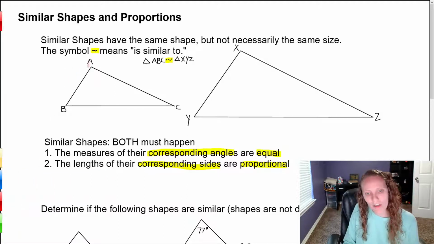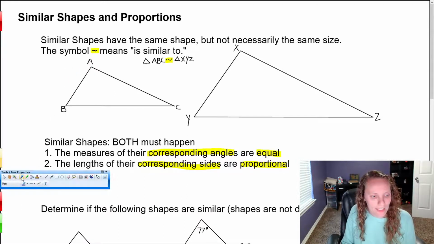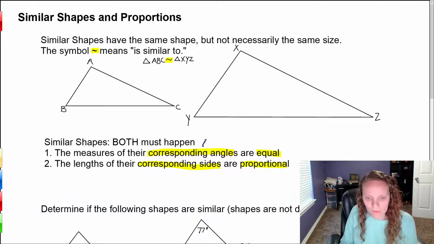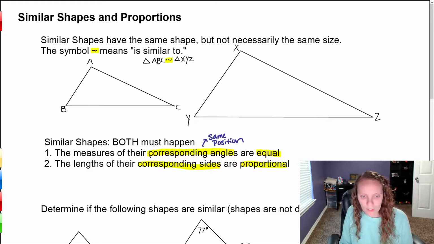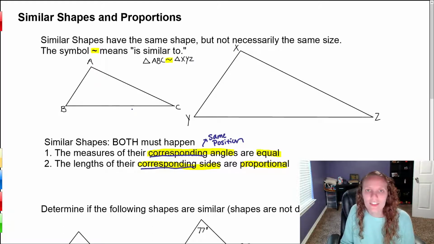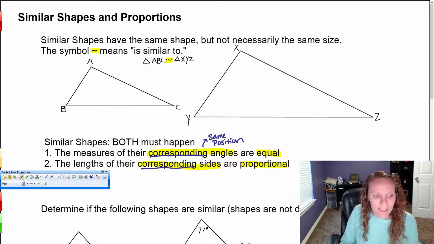So corresponding basically just means in the same position. So again, corresponding here and here just means that those angles or those sides need to be in the same position.